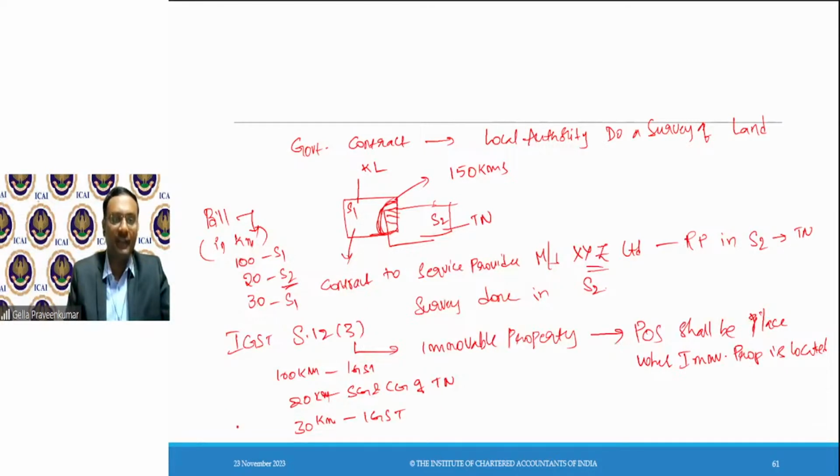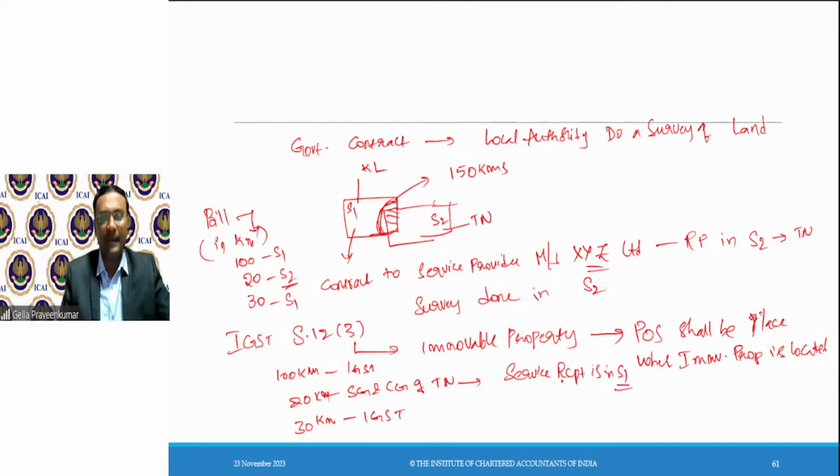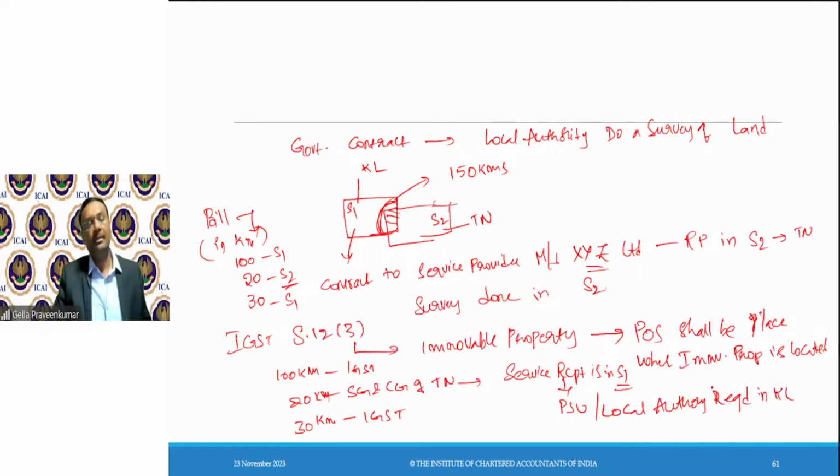Now, when you look at this 20 kilometers, the service recipient is in state 1. By virtue of this, my service recipient, who happens to be the public sector undertaking or local authority registered in Kerala, can never remit SGST, CGST of Tamil Nadu.